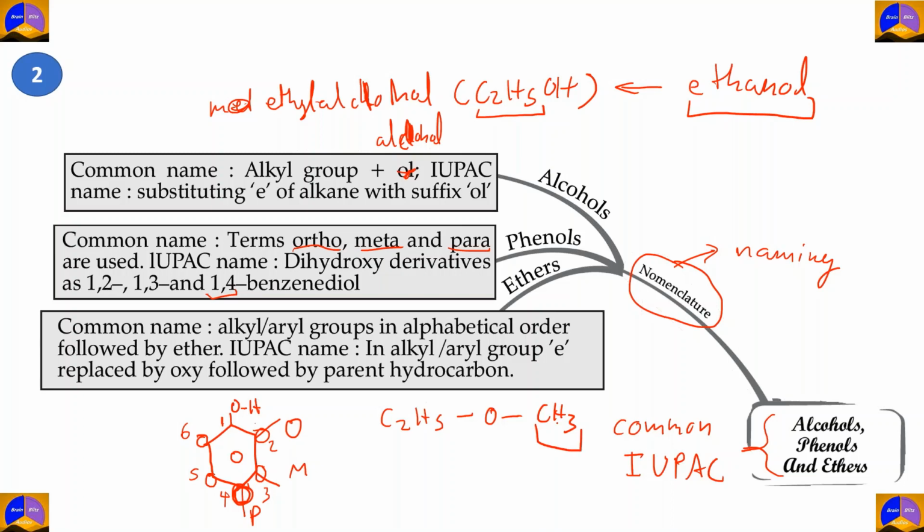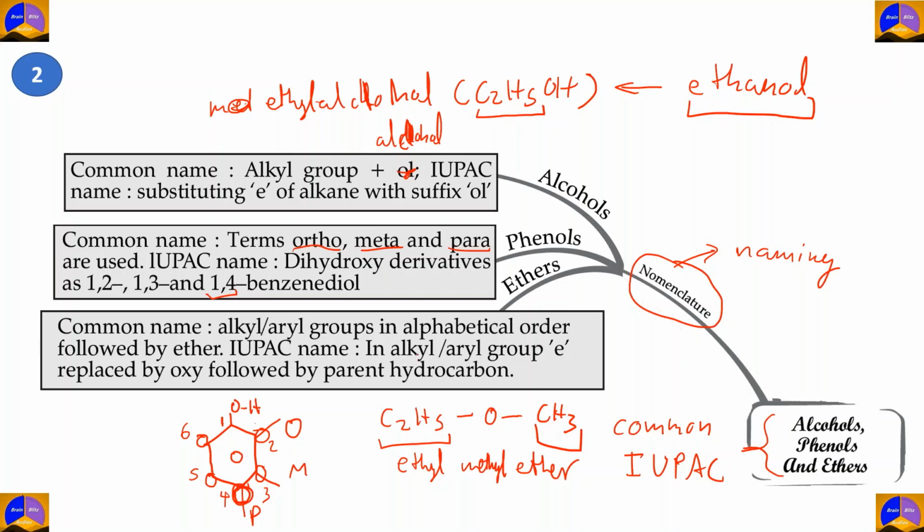So we have a methyl group, 1C, and an ethyl group, 2C, and since E is first in the alphabet compared to M, we use the term ethyl methyl ether. So that's the common name for this compound.